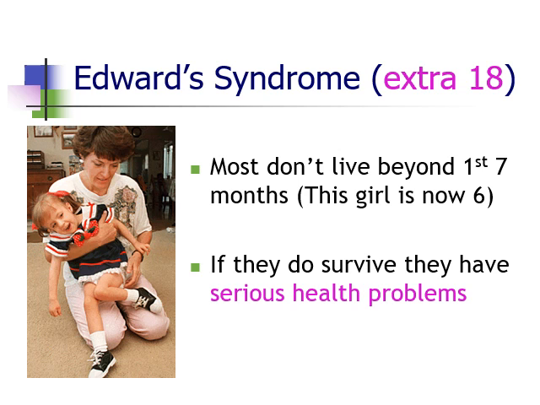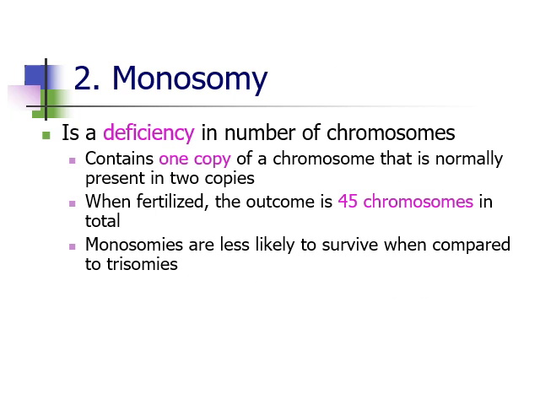So that's Edwards syndrome. Now, a monosomy, this is different than trisomy. Mono means one. So this is going to be where an individual has a deficiency in the number of chromosomes they have. They're going to have one copy of a chromosome where they're normally supposed to have two copies.